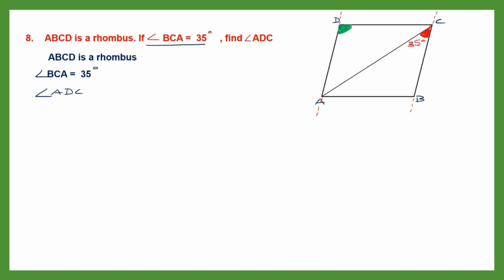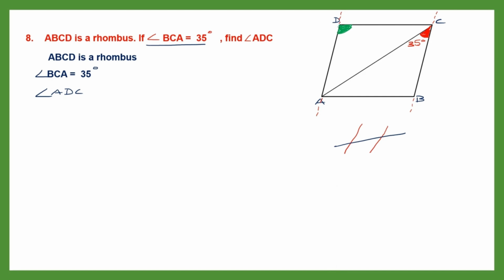In that case, this diagonal will be a transversal. Suppose I have two parallel lines, AD and BC, and they are cut by a transversal like this. So AD is this line, BC is this line, and this transversal is this diagonal here. But we are given this angle here, isn't it?